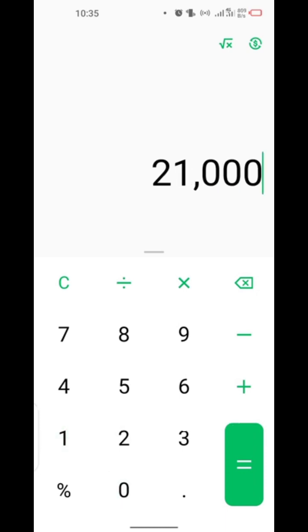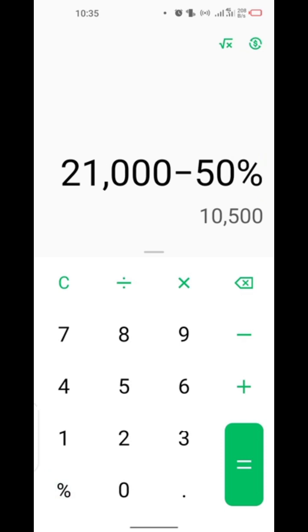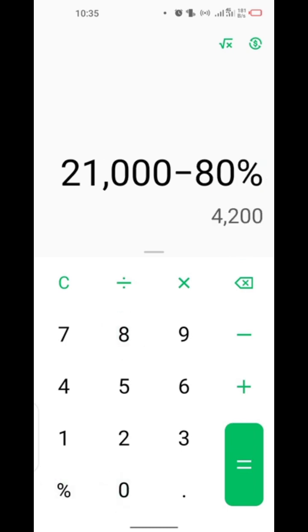Now 21,000 minus, let me say 50%, means you are preparing yourself until the Bitcoin goes to $10,000, or you say 80%. Now we look at 80 and 50% depending on the weekly time frame, meaning throughout the week this coin can go up to 80% deep.